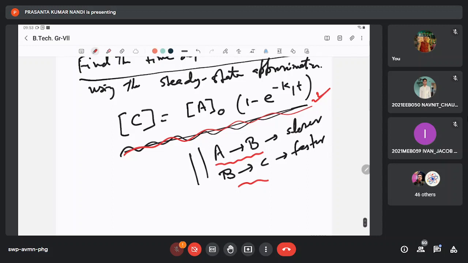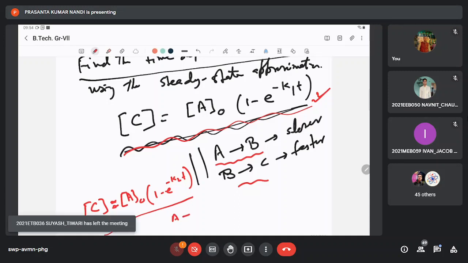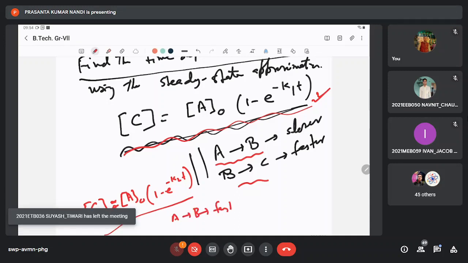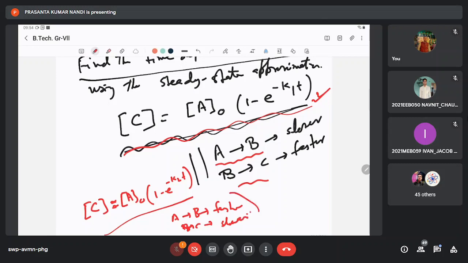And if we consider the reverse, that B to C is slower compared to A to B, which is faster, then C would be equal to A0 into, I think it is not so straightforward, some expressions may be there, but somewhat like A0 into 1 minus e to the power minus k2 t. That is under the approximation that A to B is faster, whereas B to C is slower. That is the model that we discussed earlier.